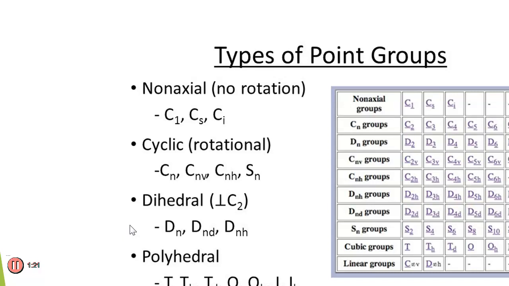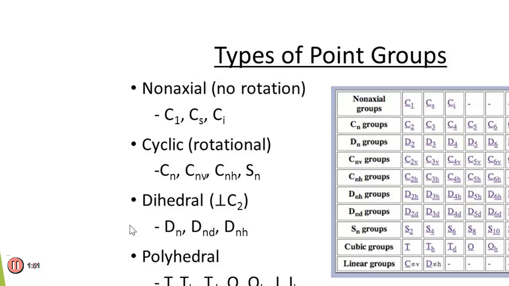And the next one is dihedral point groups. That is, there will be sigma reflection planes perpendicular to the C2 axis, or 180 degree rotation, and they are Dn, Dnd, Dnh. Then the next one is polyhedral or higher order point groups: T, Th, Td are all forms of tetrahedral point groups.